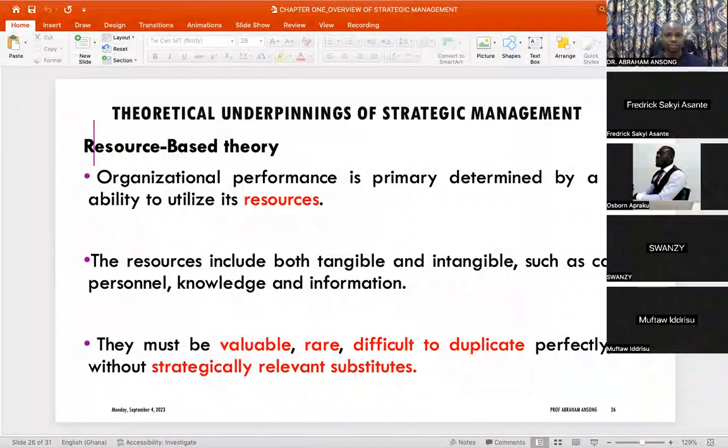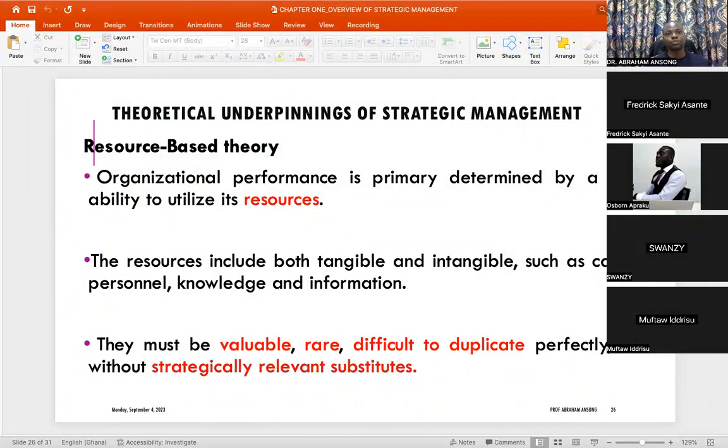All right. So the resource must be valuable. If you have an internal resource and that resource is not valuable, what it means is that your competitors or rivals can equally get access to that type of resource. And therefore, that resource cannot give you any advantage over them. Okay, the same explanation goes for the others.